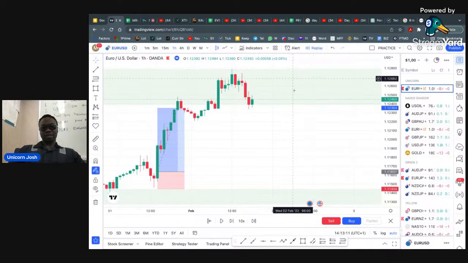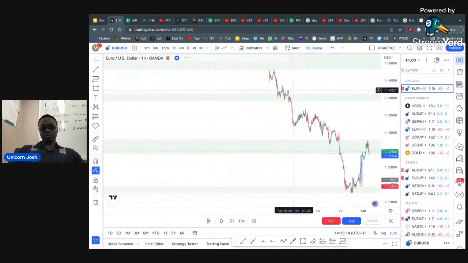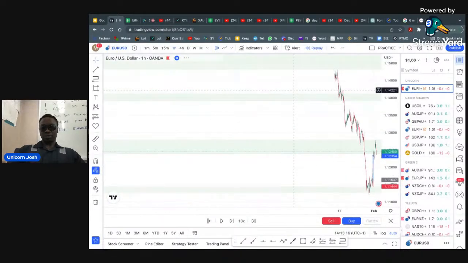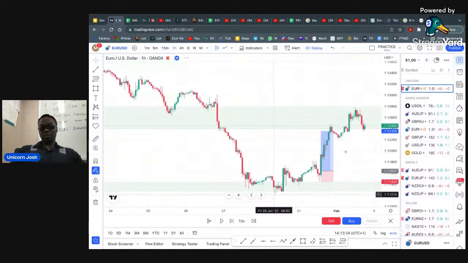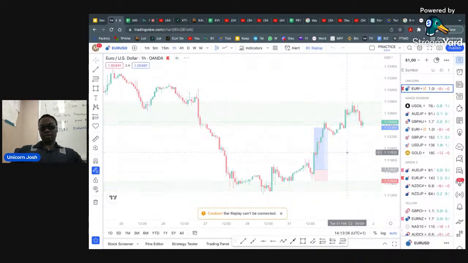I've marked out the major zones, the areas where the price stopped going up and came down, or stopped going down and went up. That's just the layman's way I would describe what a zone is. I did that before I commenced the back test.